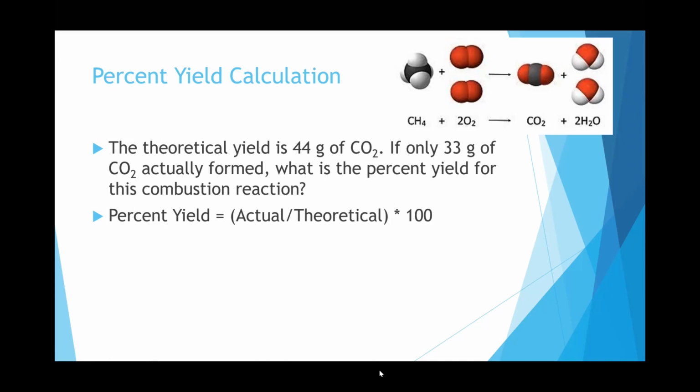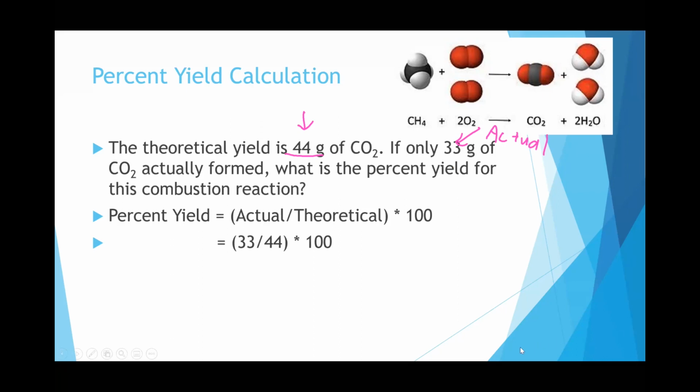The actual yield, we can literally look. The actual yield is right here, and the theoretical is right here. So it is a pretty easy calculation. You just put in actual is 33 and theoretical is 44.